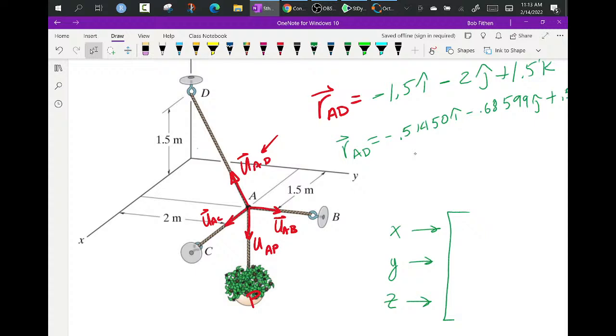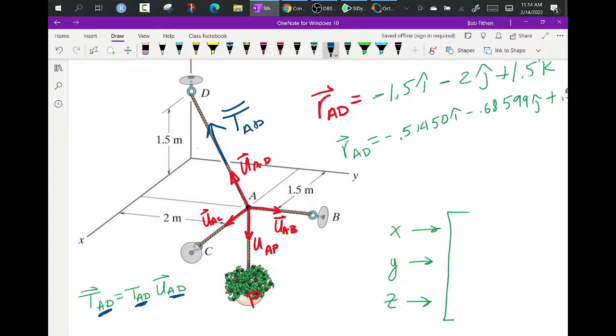In other words, my tension in AD is going to be a scalar value of the tension in AD times the U AD. So I'm going to make this so that all of these subscripts match. So obviously this is the unit vector pointing towards D, but there's going to be a tension in that direction. So that's going to be a tension vector, UAD, A and D.